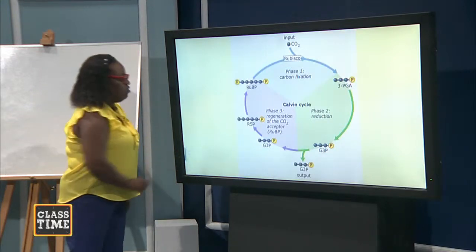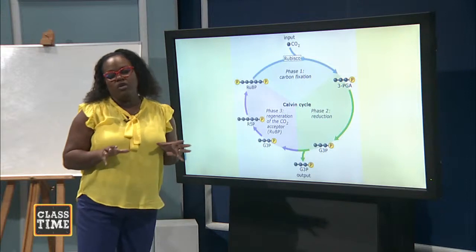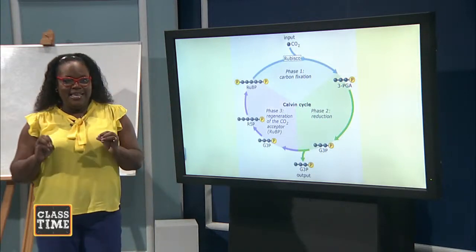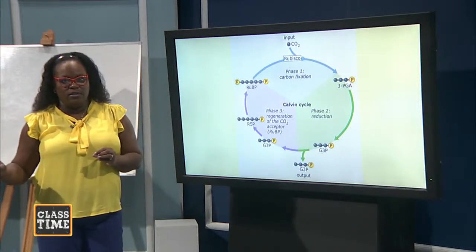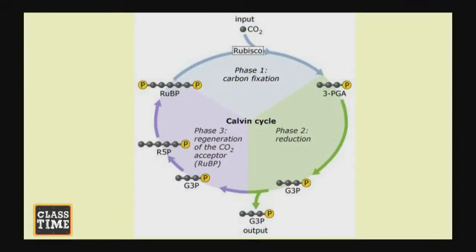Where we are going to now focus on what goes on in the light-independent stage of photosynthesis. Previously, when we looked at the light-dependent stage, the energy used was from light.